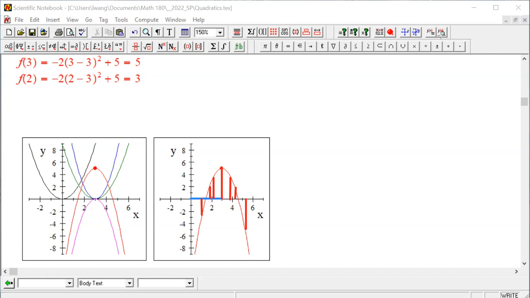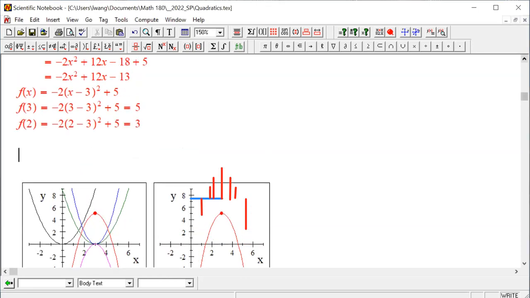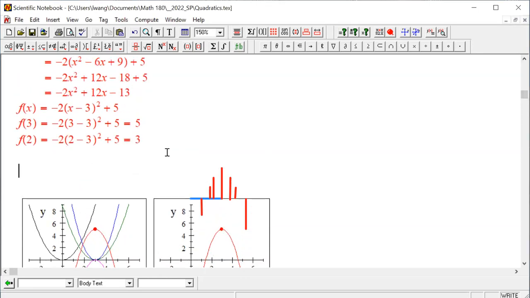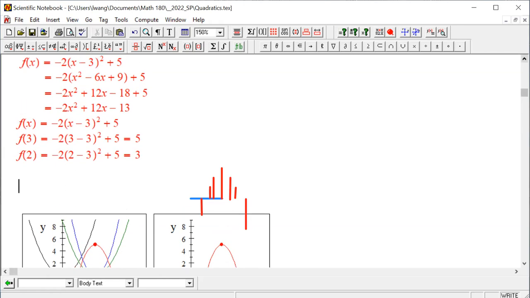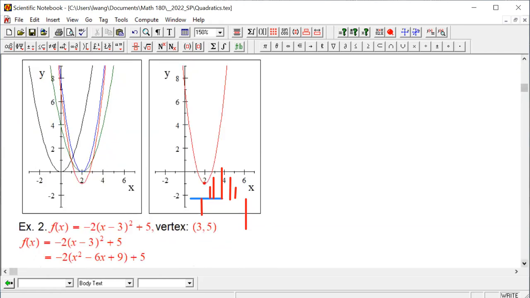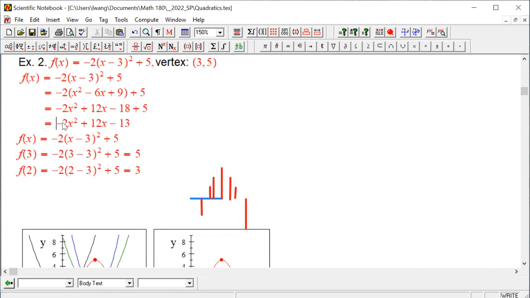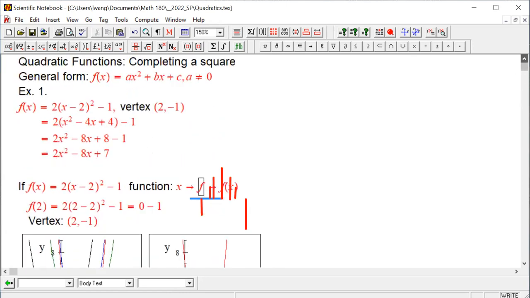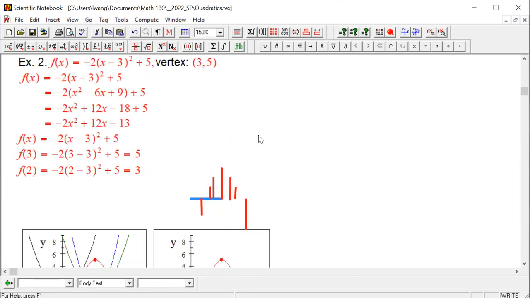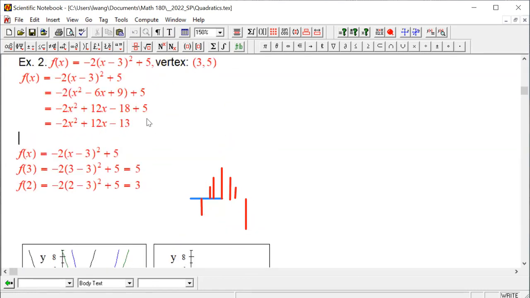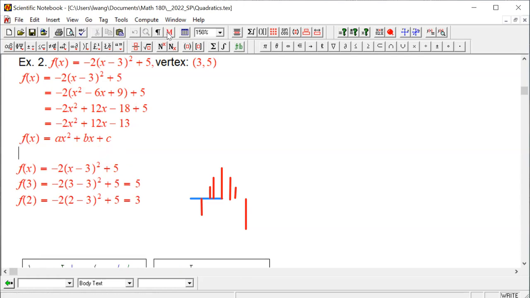Now let's look at these two examples. In this case, after we FOIL this and compare with the general form, A is -2.